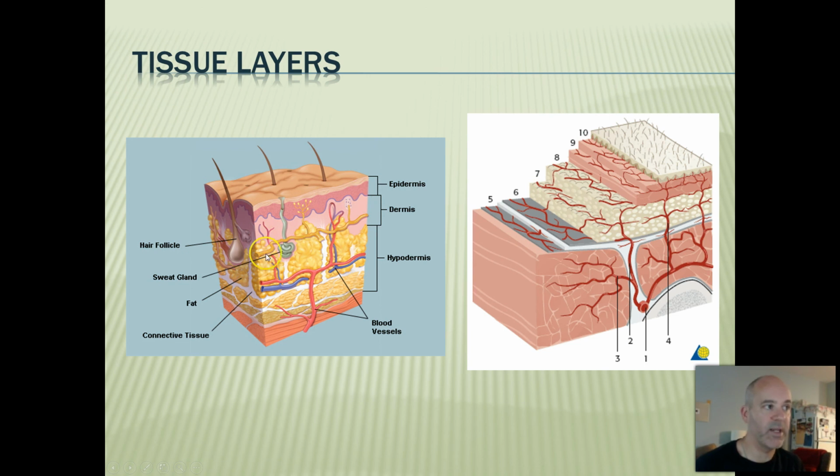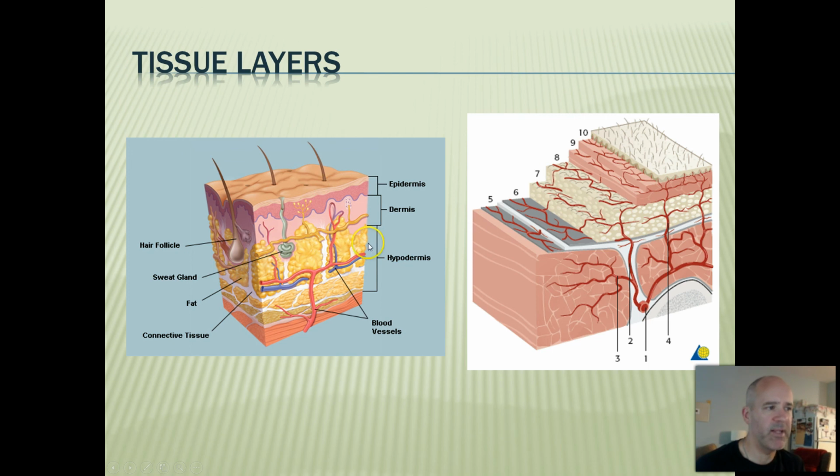If you go down into the reticular sublayer, the bulk of the dermis down in here, that's where you have dense irregular connective tissue, so lots of protein fibers, but those protein fibers are oriented in lots of different directions, and that's because your dermis has to resist pulling in many different directions. Otherwise, you'd just be able to rip little chunks of your skin off all the time.